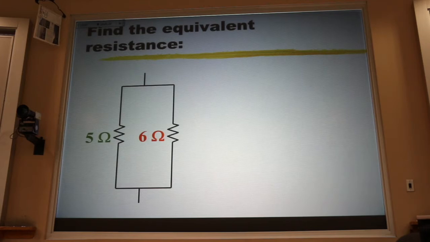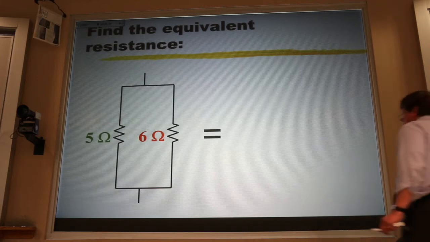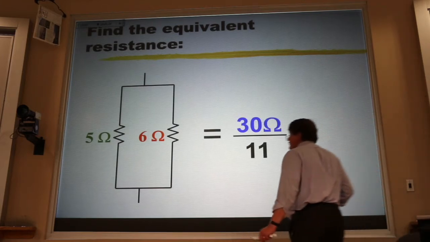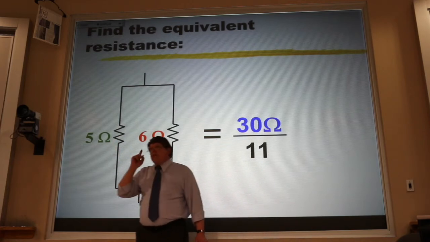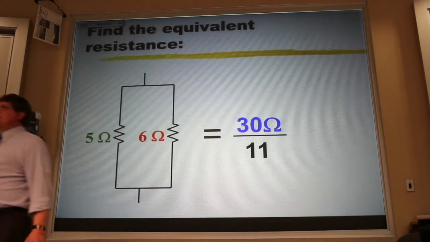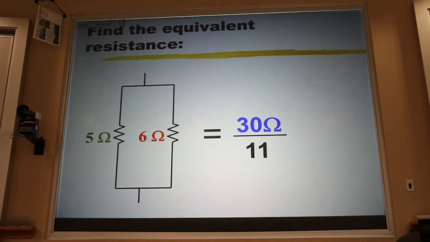Now I want you to notice that 2.9 is less than 5. And that will always, every stinking time be the case. When you have parallel paths, the equivalent resistance is going to be less than the least. Less than the least resistant path.